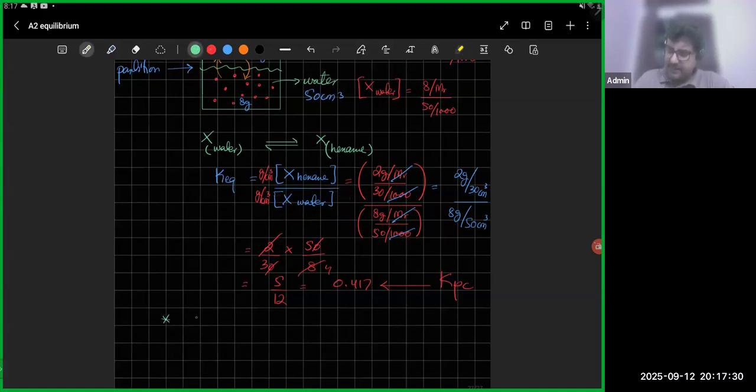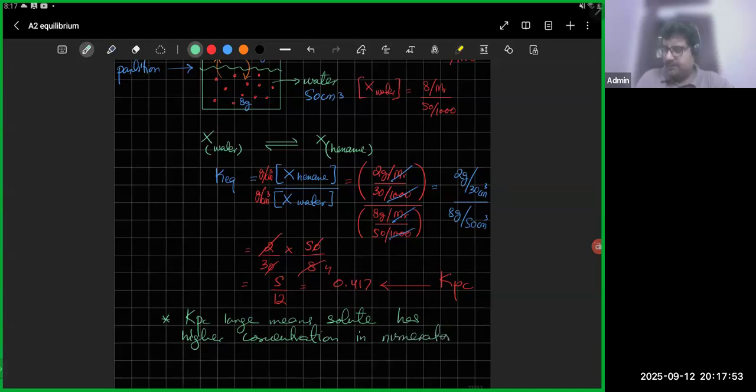Okay. So KPC large means solute has higher concentration in numerator and vice versa.